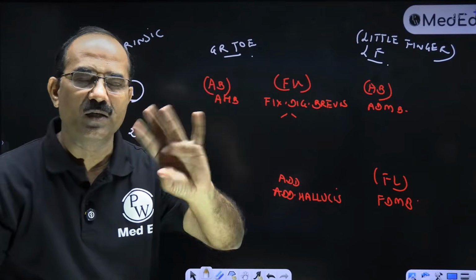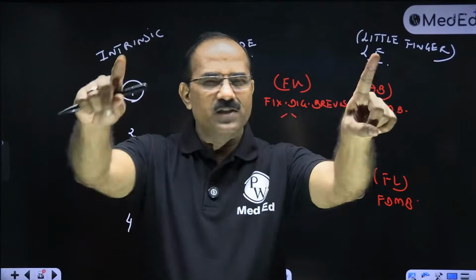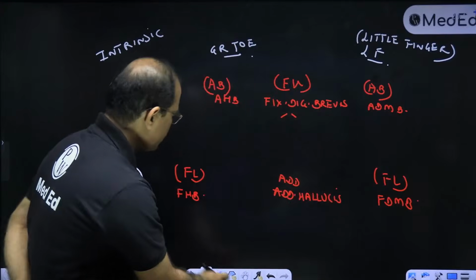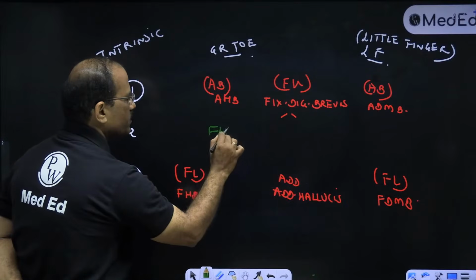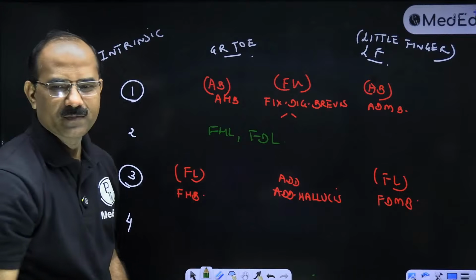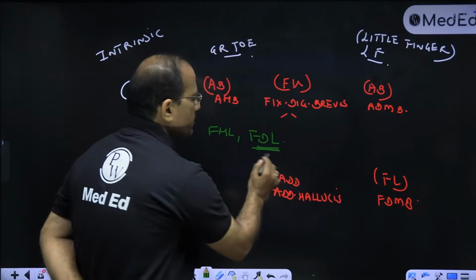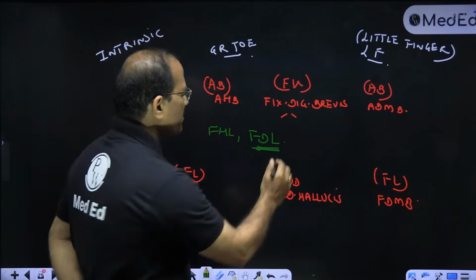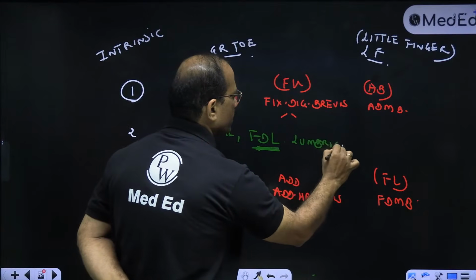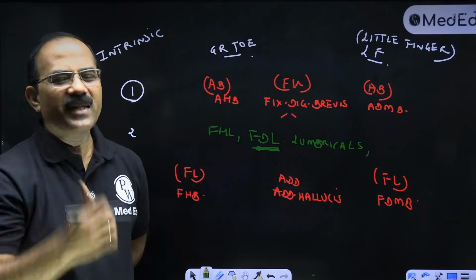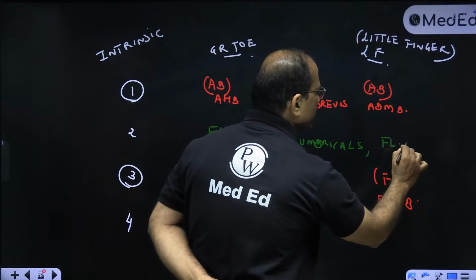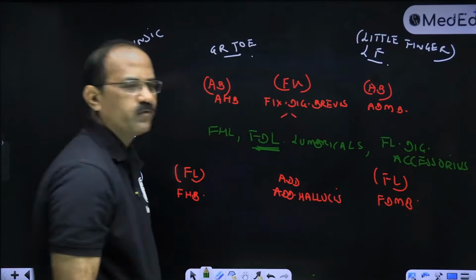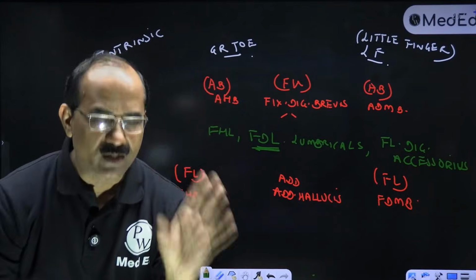Now I told you there are two muscles which come from the leg, the muscles which arise from the leg bones. The muscles come into the sole, they cross. Who are they? This is flexor hallucis longus, flexor digitorum longus. They cross. Flexor digitorum longus is similar to flexor digitorum profundus. Remember, from profundus the worm-like muscles arise, named lumbricals. Fine. And one more muscle is flexor digitorum accessorius. I am just telling you directly. Just remember this much.